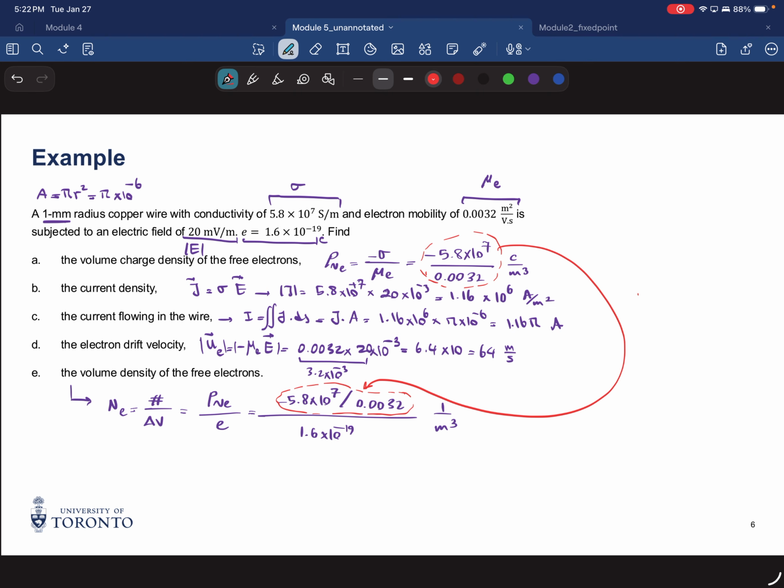So in fact, if you calculate this number, this is a huge number actually. Let me just calculate it. So we have 5.8 over 1.6 over 3.2.